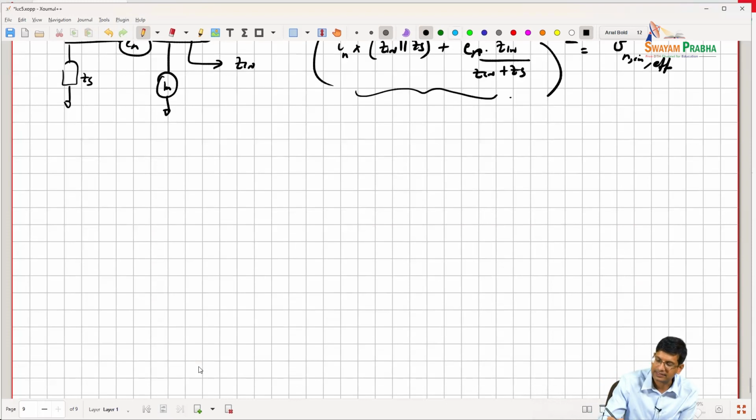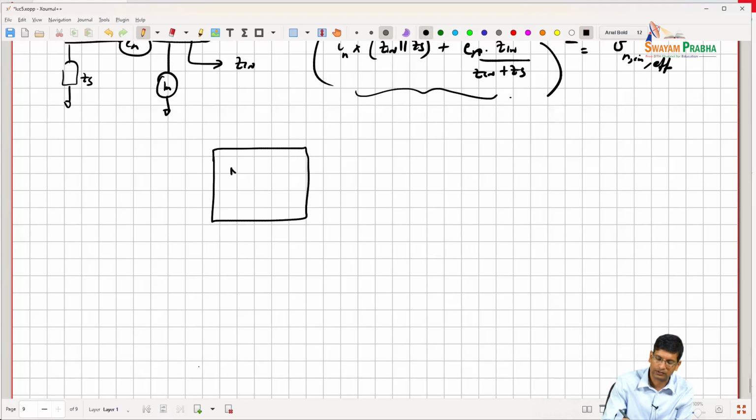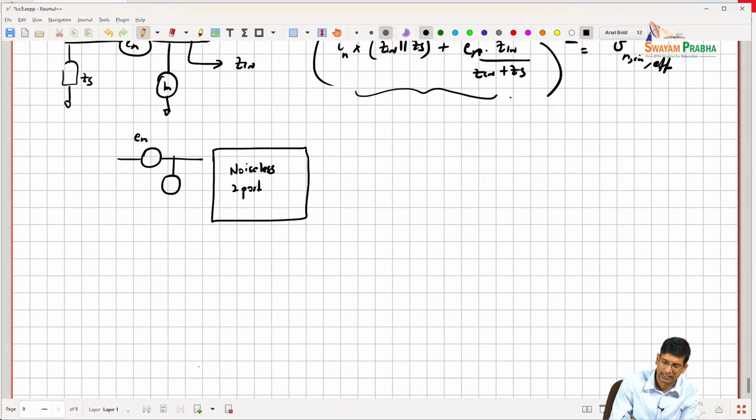So let's assume that this has been done in general for a device, right? And now we have a model in terms of, so this is a noiseless two-port, right? And this noiseless two-port, the noise in it has been represented in terms of En and In, right?